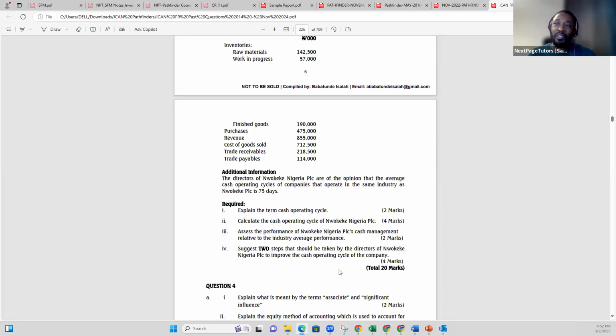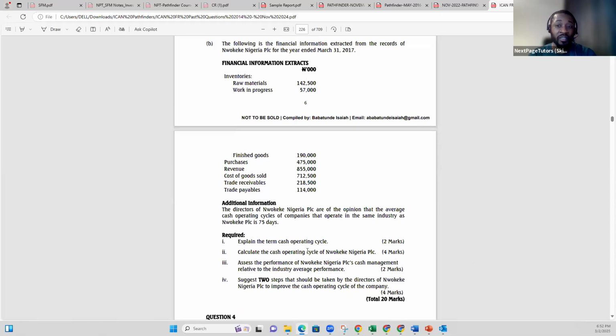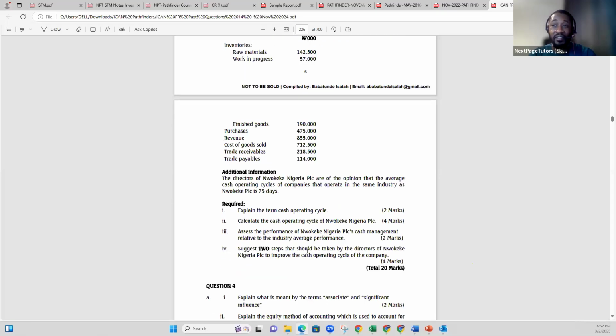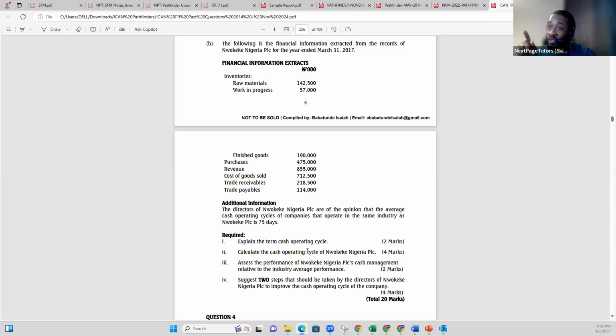Okay, very good. So this question, I deliberately looked for this question. This question is tested at skills level, but it is very important for professional guys. For case study guys, ICAN has consistently tested efficiency ratios, right?